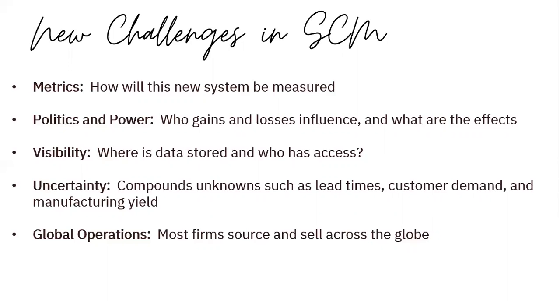Manufacturing yield, how much you're able to manufacture in a certain period of time, could also have variability. So there are a lot of things going up and down externally for any company, and sometimes it's very difficult to plan around all these variables that are constantly changing, but it is required in supply chain management. So this is definitely a challenge.